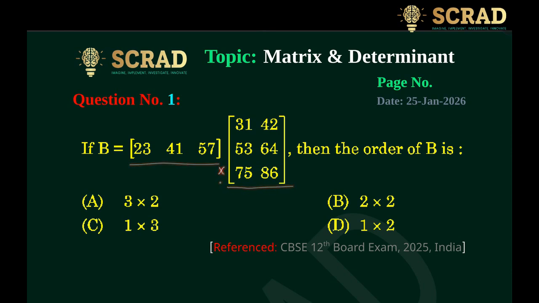So if B equals this multiplication, then the order of B is, and it has asked us to identify out of these 4 options the correct option for the order of B. Order of B means the dimension of the resultant matrix.